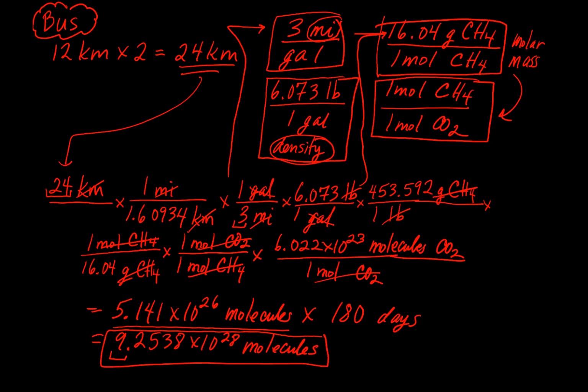And we're going to come back to this number in a little bit and add it together to what student A uses for the plane. So let's do the plane calculation. So this is still for student A. Now we're dealing with the number of CO2 molecules emitted per year by student A from the plane.